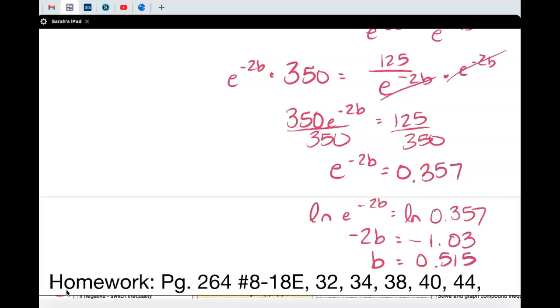Okay, so we found the b value, but we still need to find the a value.